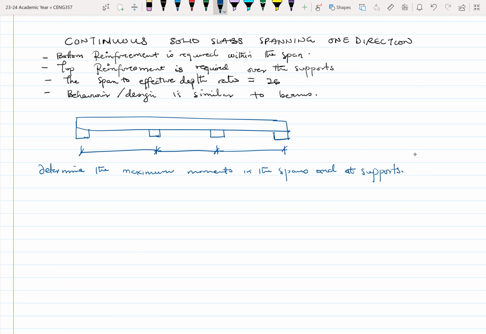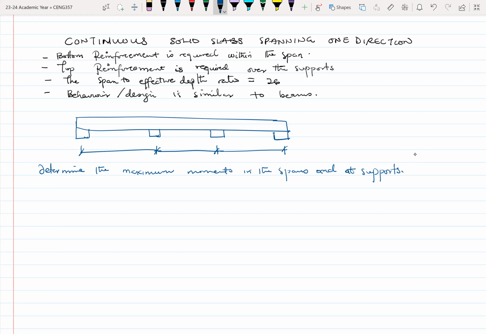So you do so for each span. If the spans have different moment values, for each span you look at the moment, and then you design. You find the reinforcement for that span. So that will be at the bottom.